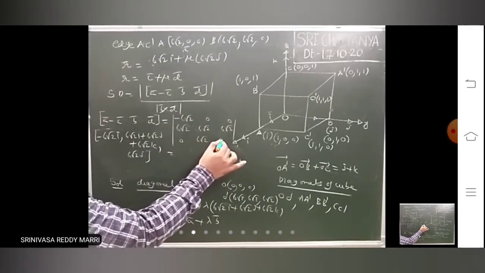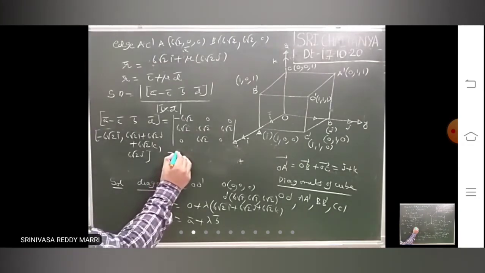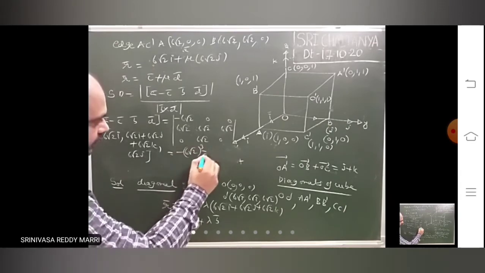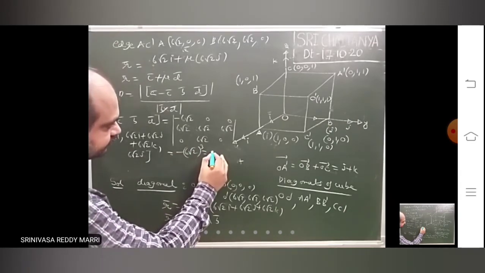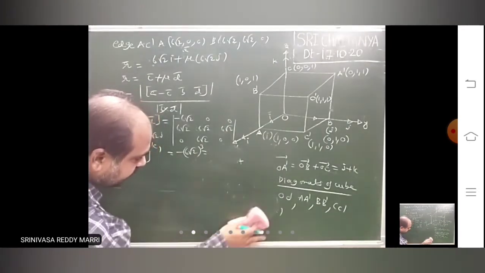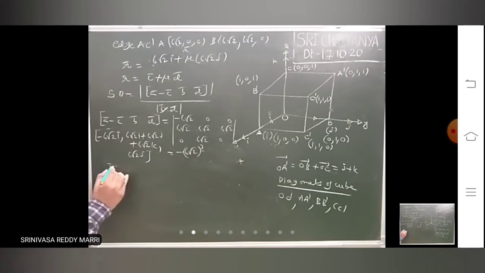So minus 6 root 2 into 0 minus 6 root 2 whole square. So minus 6 root 2 whole cube. That is that one.